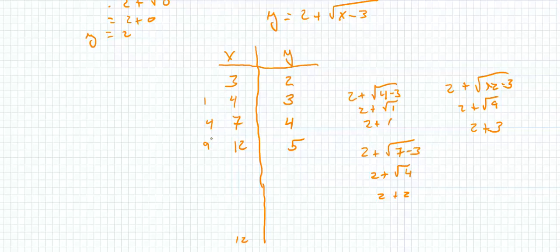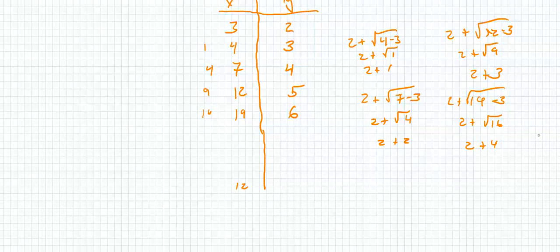It's extremely similar. The next number would be 16 larger. If we went to 19, which is 16 larger than 3, 2 plus square root of 19 minus 3, 2 plus the square root of 16, or 2 plus 4 is 6. Our parabolas are always going to have this basic shape. There's never going to be an exception.